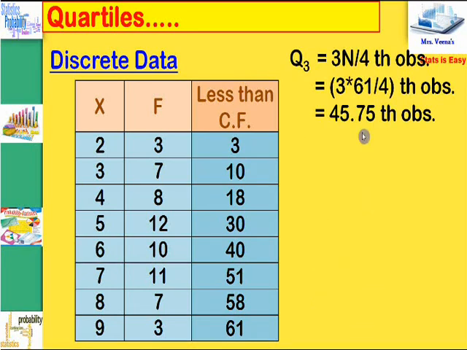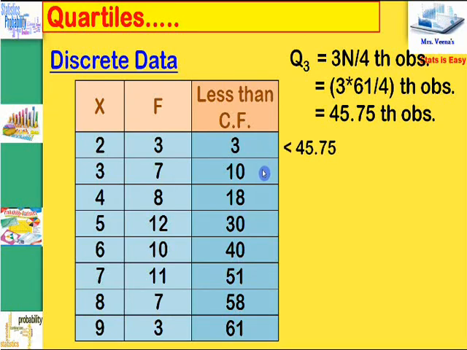Now for Q3, it is 3 times n divided by 4 th observation, which is 3 into 61, the total frequency, divided by 4 is 45.75. Now compare this with the less than cumulative frequencies.